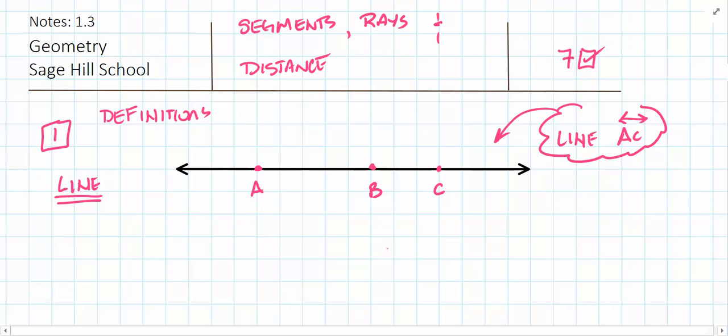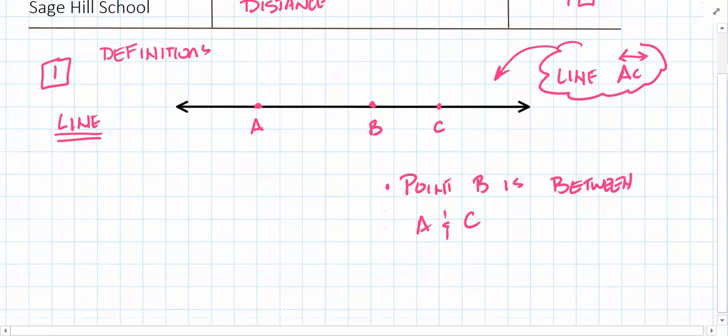Yeah, point B is not necessarily in the middle, but it's just in between. So we say this. Point B is between A and C. So therefore, what could you say about point B? It must be where?